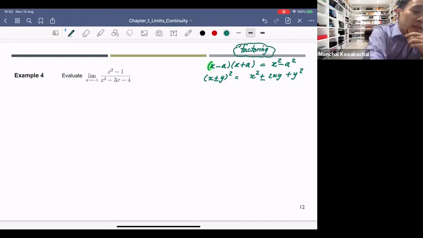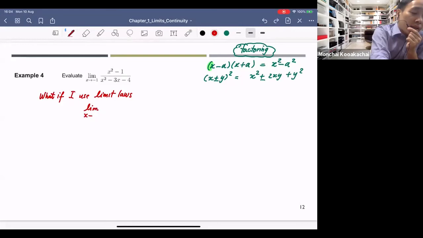So we're gonna practice how to compute this limit. First of all, let's try to use the limit law. So if I use the limit law here, I'm gonna say x goes to -1, right?